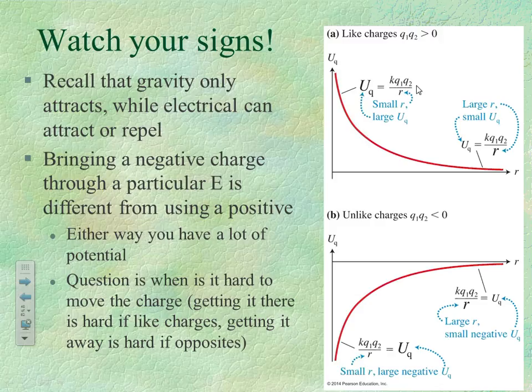If you multiply the two charges together, if they're like charges, whether both positive or both negative, the result is positive, so U is going to be greater than 0. If one is positive and one is negative, then U has to be negative. Just keep that in mind, but also focus on whether it is easy or hard to move these close together or farther apart.